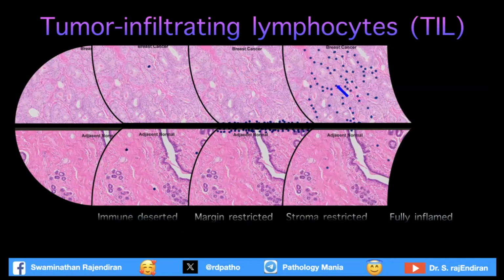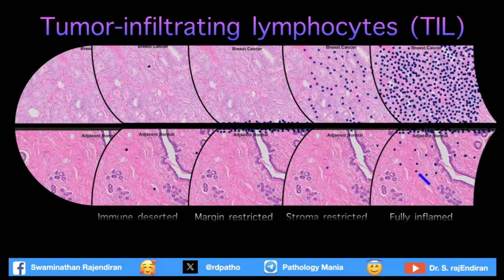In stroma restricted, the lymphocytes are in the stroma, not affecting the epithelial malignant proliferating cells. Whereas in fully inflamed, they are in the margin, in the stroma, and in the epithelial cells also. So this is very, very important, and people are working on how to report these things.